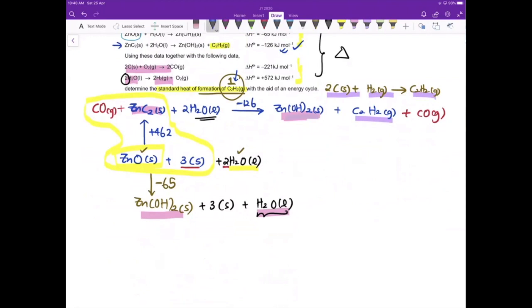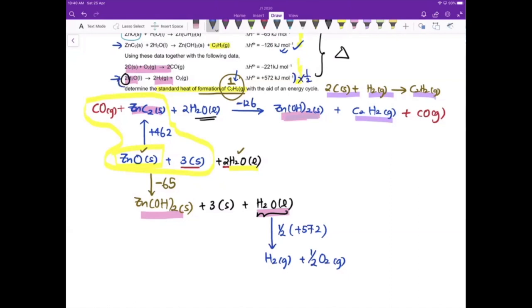Now I'm going to follow the arrow. So this 1 unit of water is going to point to hydrogen gas and oxygen gas. But because it's 1 unit, and this shows you 2 units, I need to halve positive 572 and make sure that my products are all halved as well. So that means this whole equation, you multiply by half.